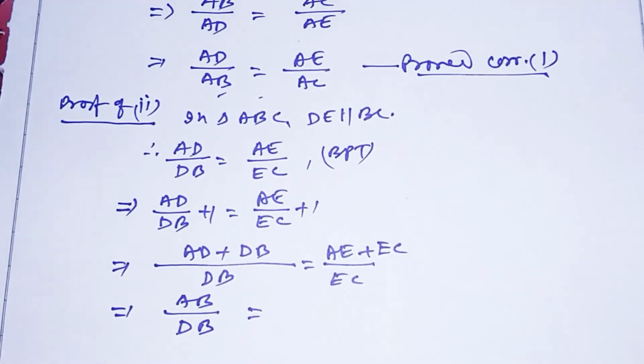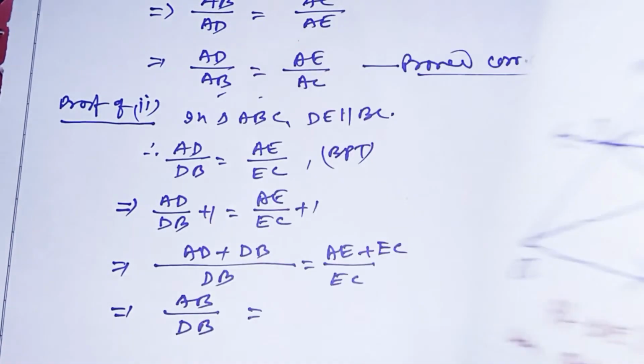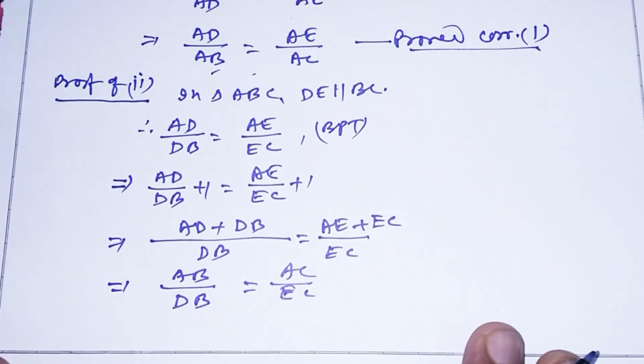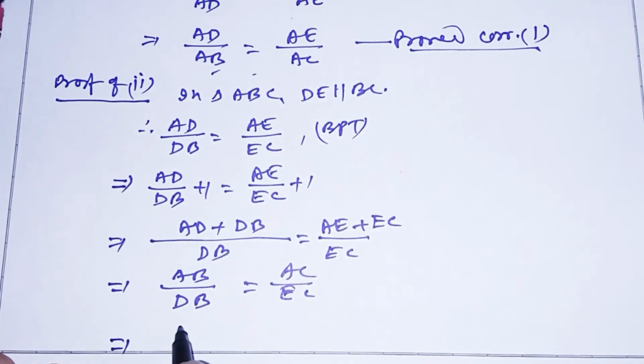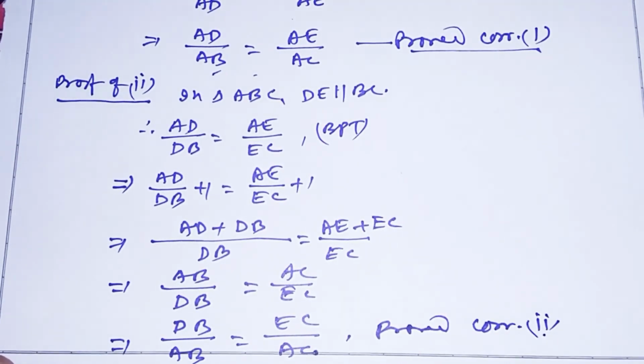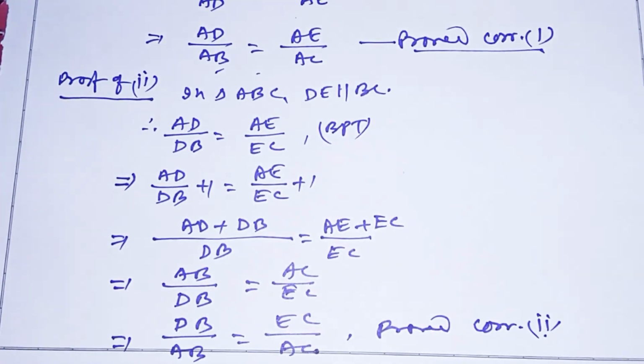Here AE plus EC gives you AC, so we can write AC by EC. Now take the reciprocal of it, and you will get DB by AB equal to EC by AC. So this is the proof, corollary part 2.